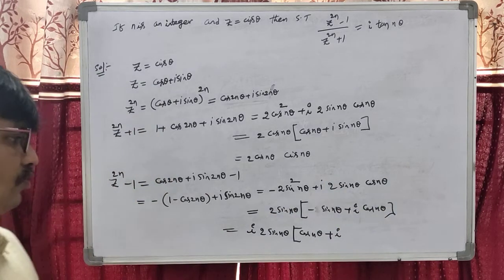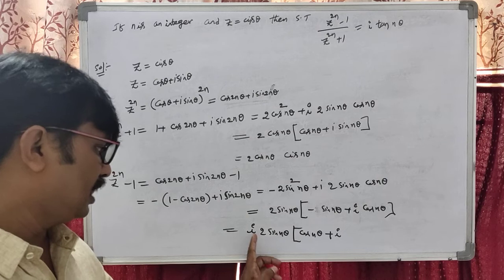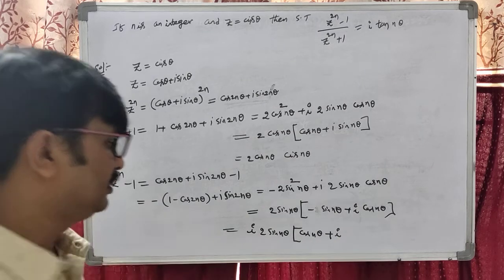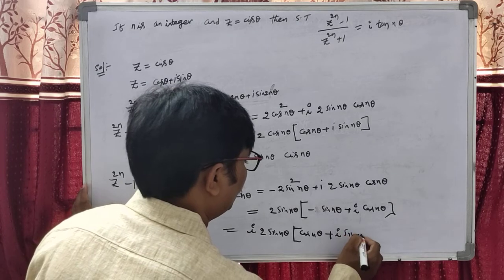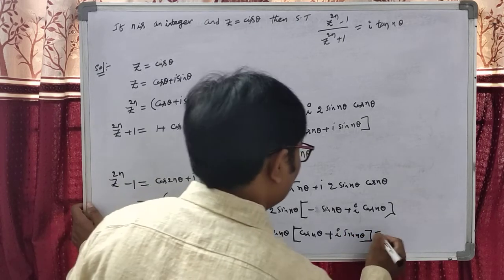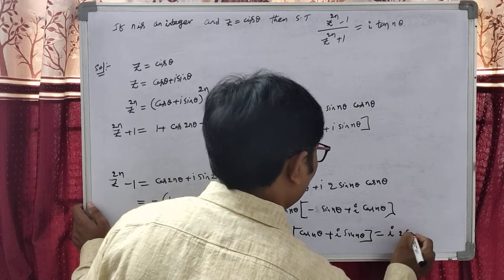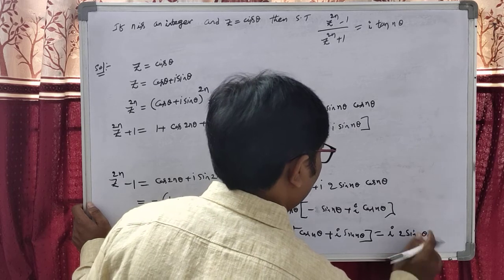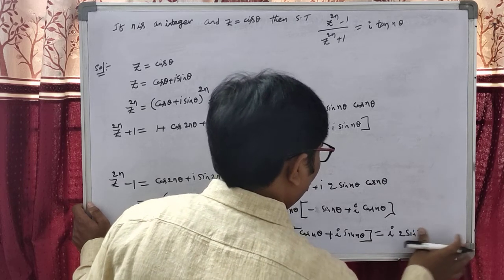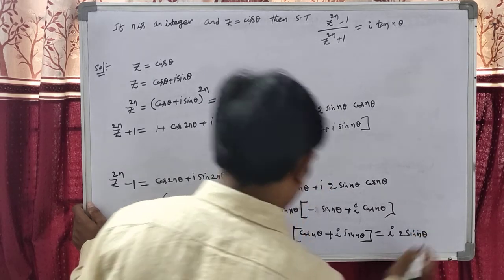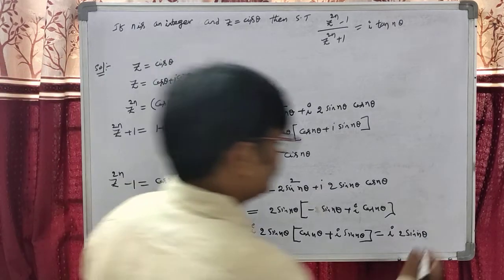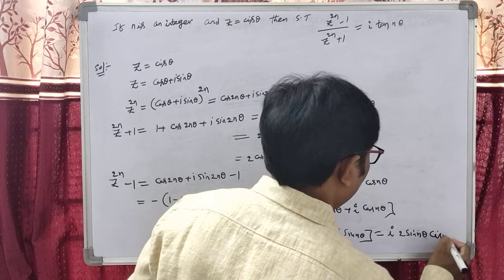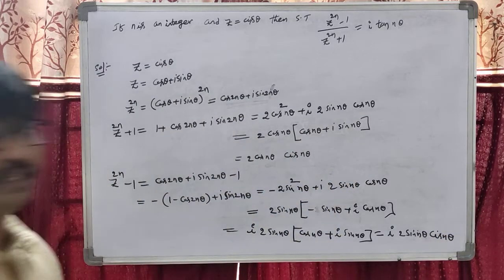Now taking I common, I into cos n theta, I into I is I square, this is sin of n theta. I into 2 sin n theta, this is cis of n theta.